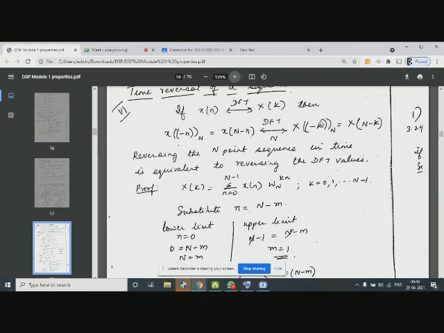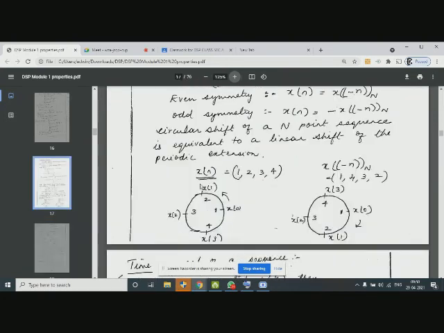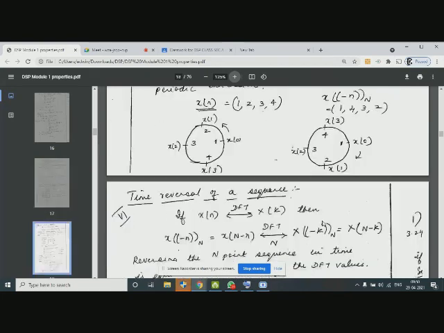I want x of minus k and I will consider x of minus n. All you know is given x of n is a real sequence, then DFT of x of n is given by x of k. What is the DFT of x of minus n? What is x of minus n? You just now saw. x of minus n is nothing but the time reversed sequence.